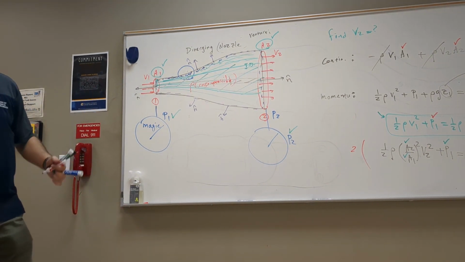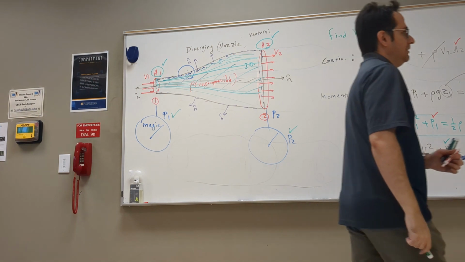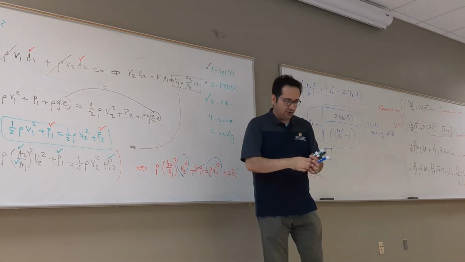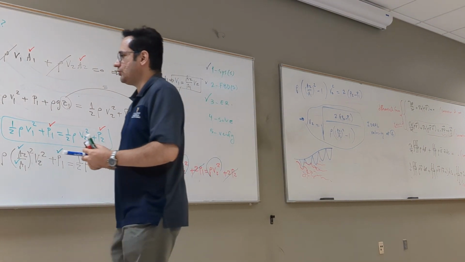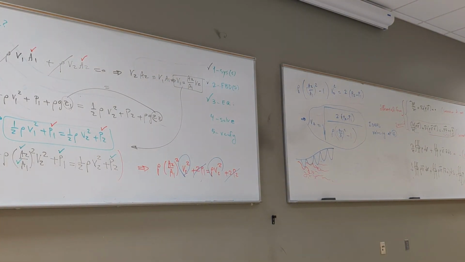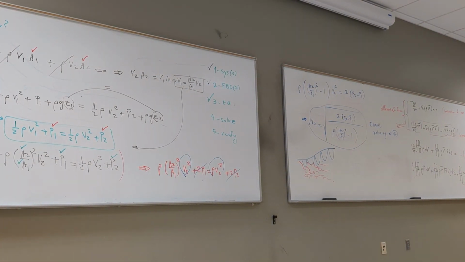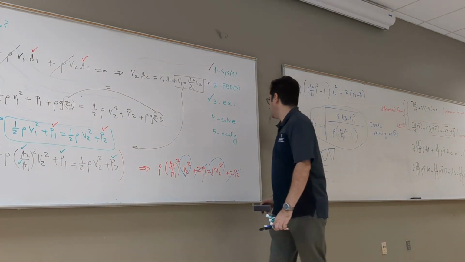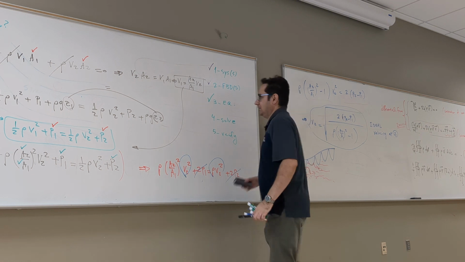So what happens, this equation is no longer very accurate. So in that case, they introduce something called the discharge coefficient, or CD, right here. So this equation, we need it along with that.